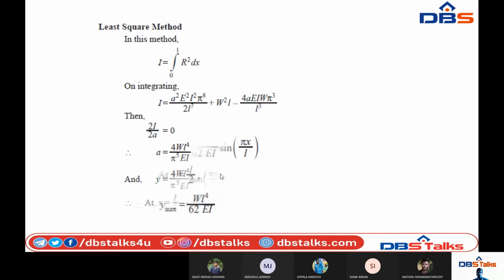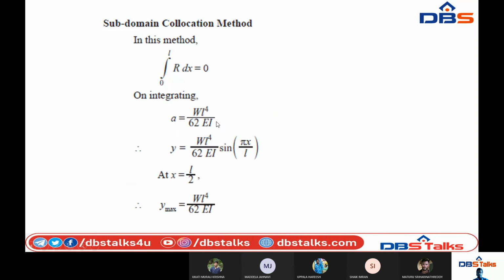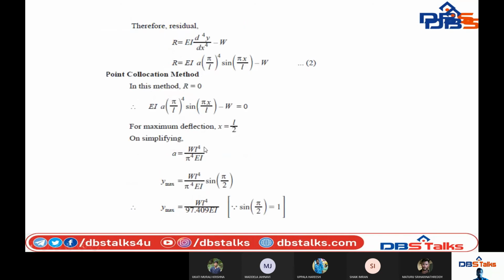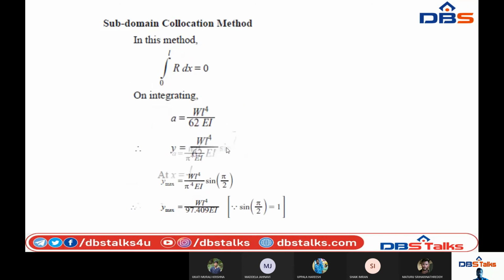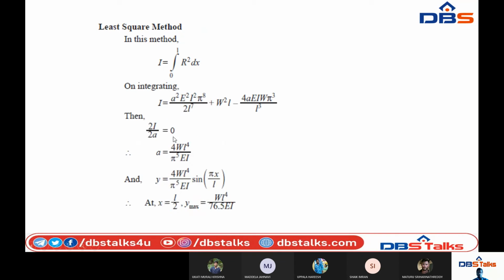This equation comes from integrating the value WL power 4 by pi power 4 EI. After integrating, we get the value of 4 WL power 4 by pi power 5 EI. Therefore, y equal to 4 WL power 4 by pi power 5 EI sin pi x by L.